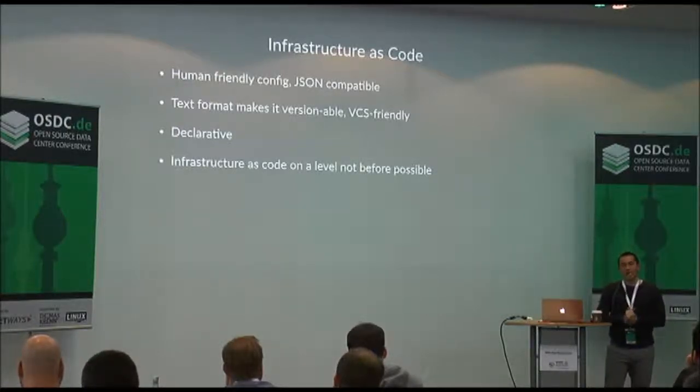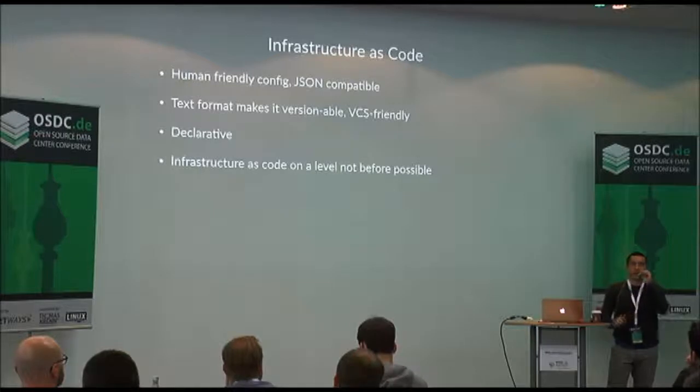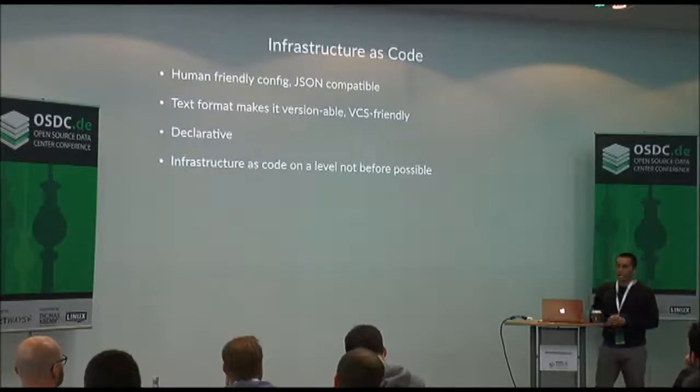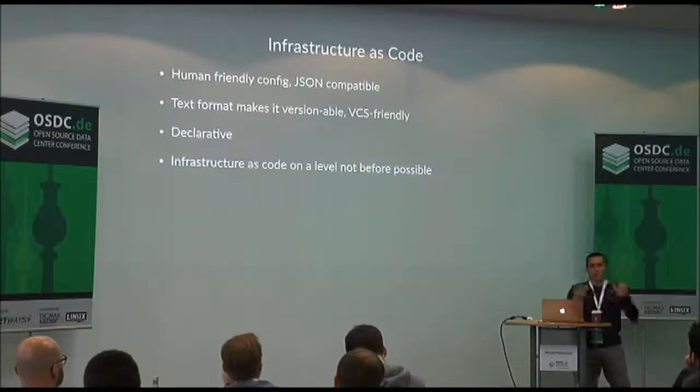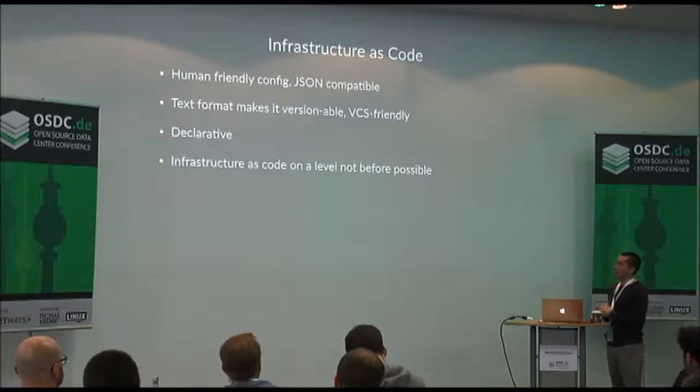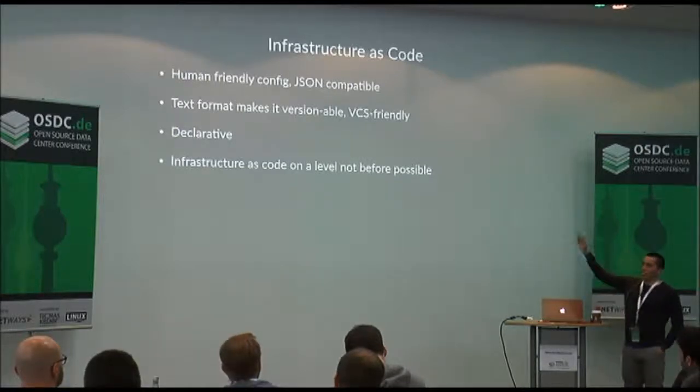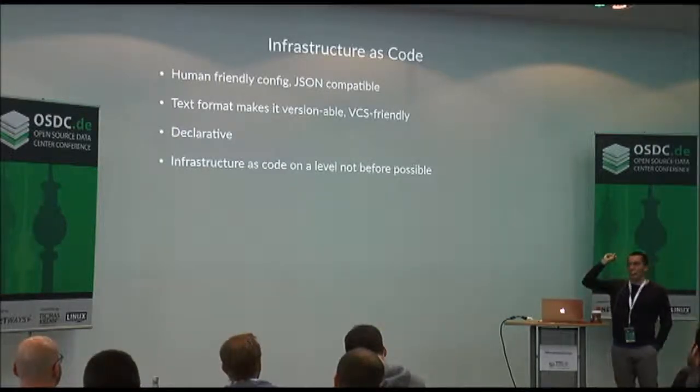I think that at a certain scale, declarative makes a lot more sense than imperative. And for infrastructure, it's really hard to make things imperative because as it grows, you just can't actually reason about the dependencies. And so I'm very opinionated about declarative all the time. And then this last one is sort of marketing, but infrastructure as code in a way not possible before.